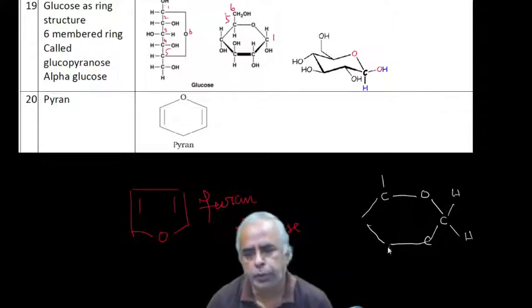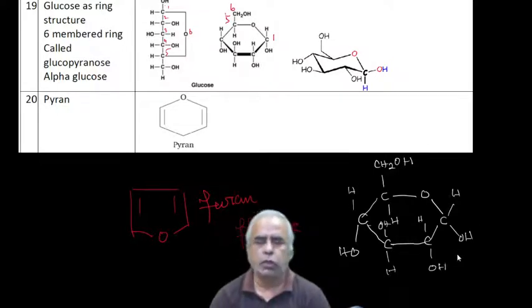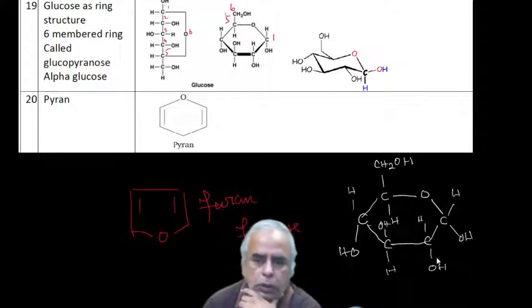You can put C if you want, and this is CH2OH, the 6th carbon atom. Let me complete. And this is H, and this one is now CHOH, and here HOH. This is the 2nd carbon atom. Remember, the 3rd carbon atom, that is OH, should be kept here and hydrogen here, and the 4th one, that is H and HOH. So this is the Haworth structure of glucose.